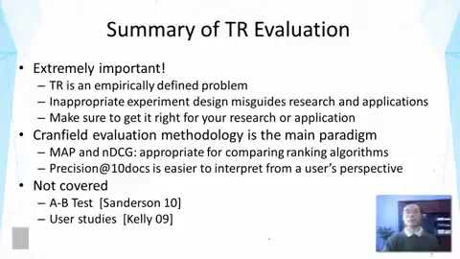What's not covered is some other evaluation strategy, like an A/B test, where the system would mix the results of two methods randomly, and then show the mixed results to users. Of course, the users don't see which result is from which method. The users would judge those results or click on those documents in a search engine application.